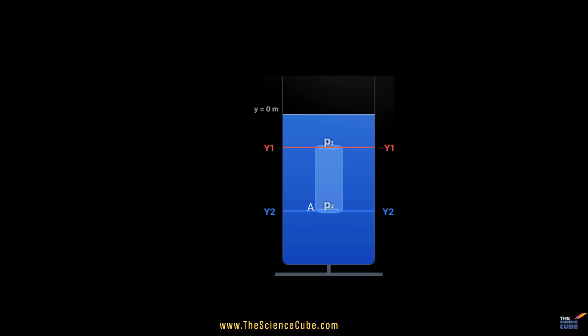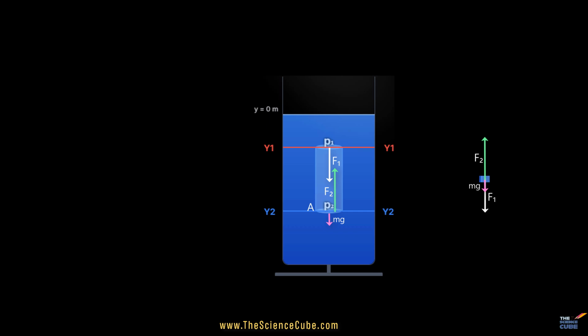Then, if we were to draw a free body diagram of the cylinder, we can see three forces acting on it. They are F1 that acts on the upper face, force F2 that acts on the bottom surface, and finally we have force mg, or the weight of this water cylinder in downward direction, and here m is the mass of the water in the cylinder.